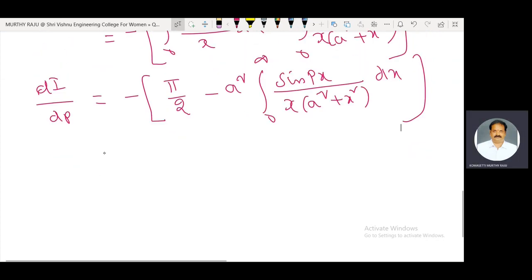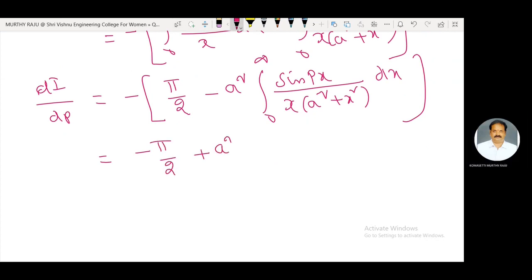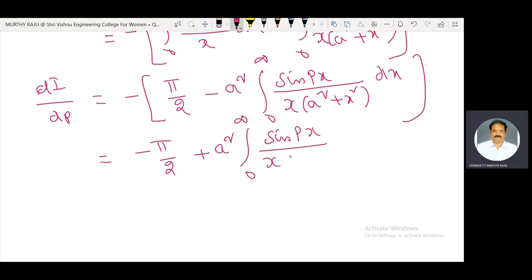Here minus pi by 2, minus into minus, plus a square integral 0 to infinity sin px by x into a square plus x square into dx.